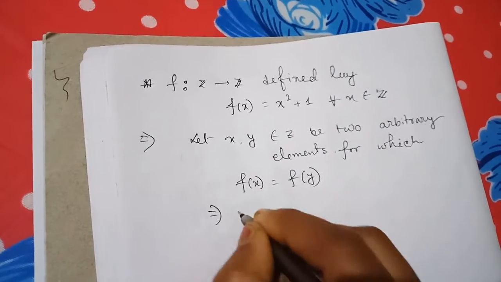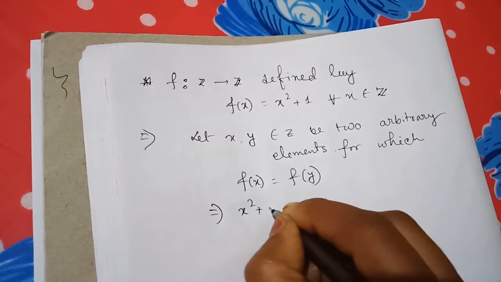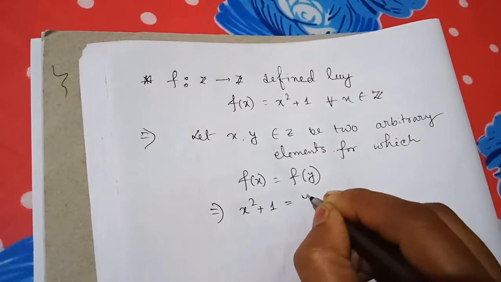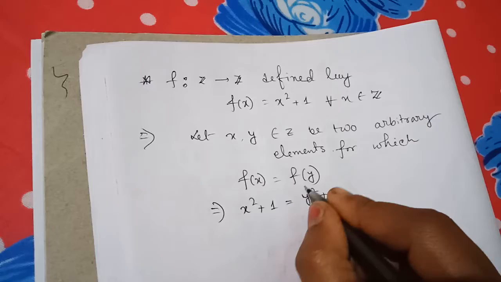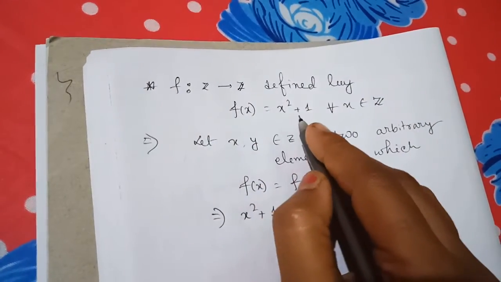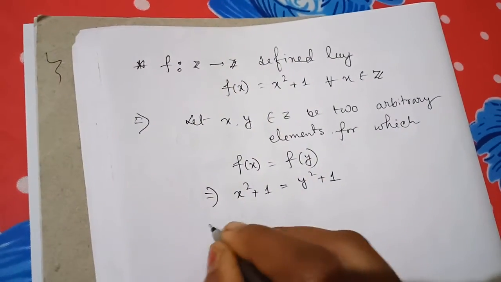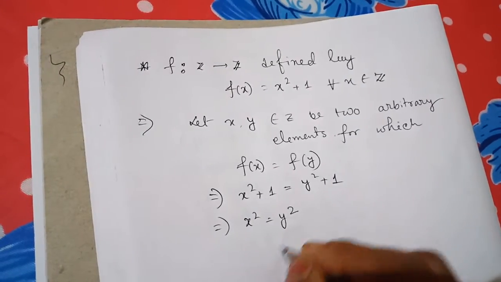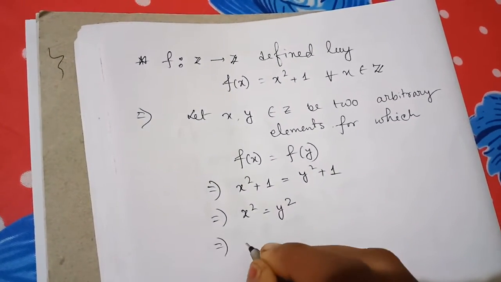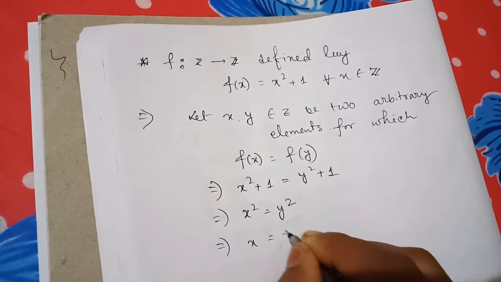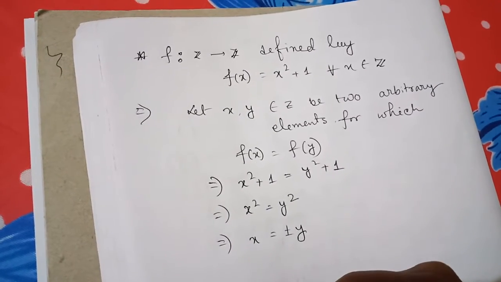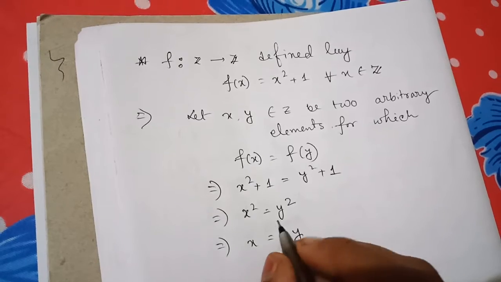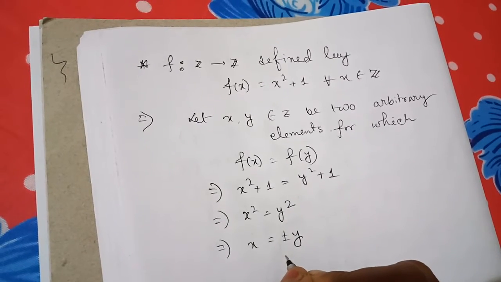Now we will write its values. x square plus 1 is equal to y square plus 1, right? Because f of y is equal to y square plus 1. From this we get x square equals y square. From this we can write x equals plus or minus y.